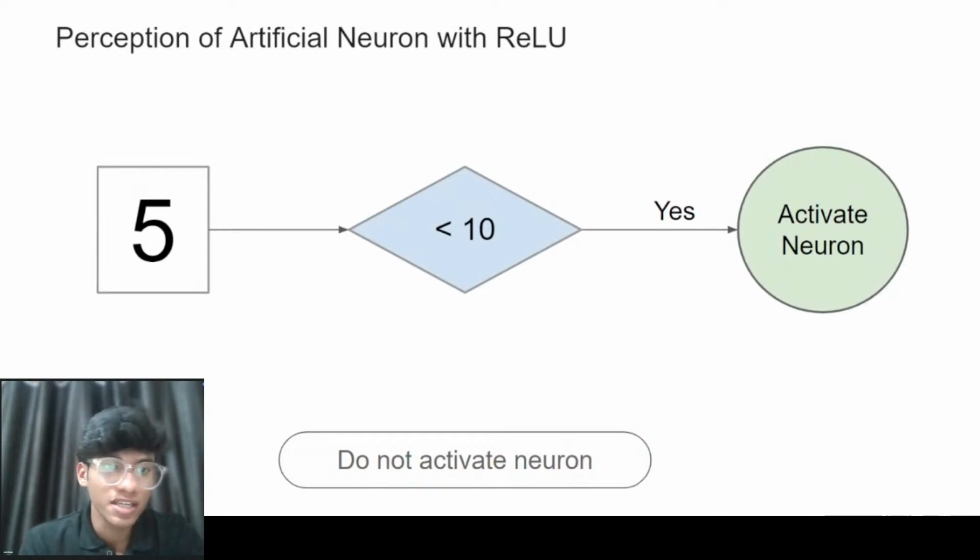Let's take this example. Our input is the number 5, and our activation function has learned to check if a number is less than 10 or not. In our case, the input is 5, so it is less than 10. Hence, it satisfies the condition, so it will activate the neuron.